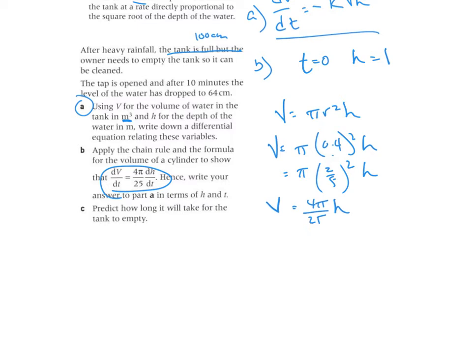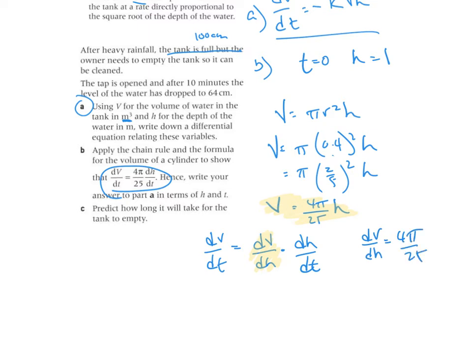I know also that the chain rule says that dV/dt is going to be equal to dV/dh times dh/dt. So if I take a look at the formula here, dV/dh is equal to 4 pi over 25, because the h, bring the 1 down and subtract, that just goes away.